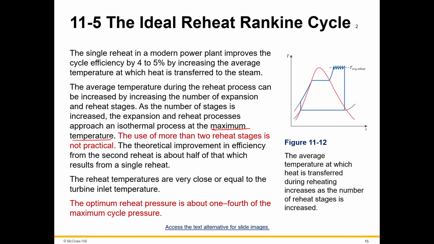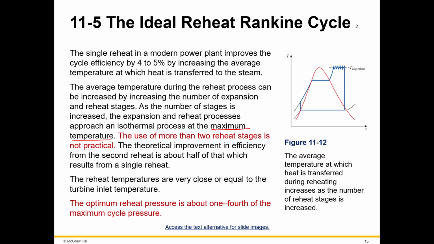However, the use of more than 2 reheat stages is not practical. The theoretical improvement in efficiency from the second reheat is about half of that of just a single reheat. So as you add reheating, the theoretical improvement in efficiency is not linear. So it definitely diminishes drastically.